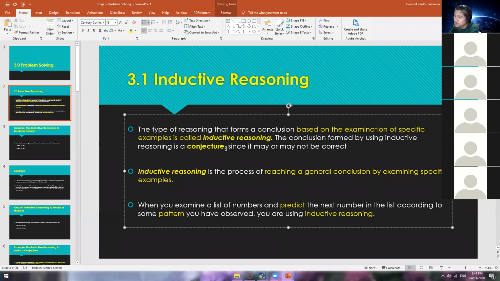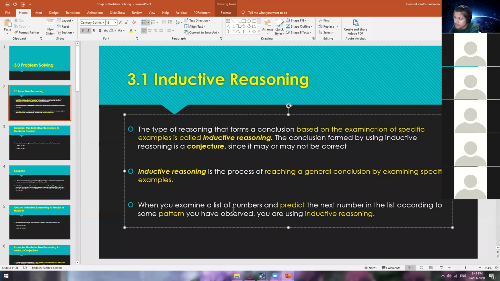This conjecture is of course 50-50. It's not sure yet. It may be 50% correct or 50% wrong, or sometimes 100% correct or 100% wrong. So it depends. Inductive reasoning is a process of reaching a general conclusion by examining specific examples.